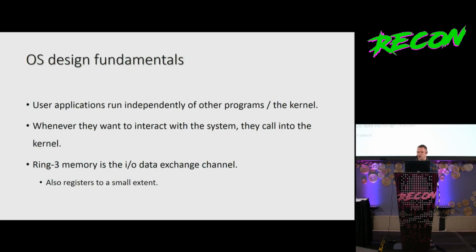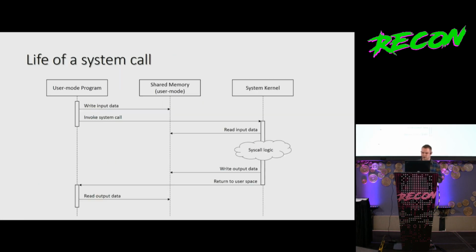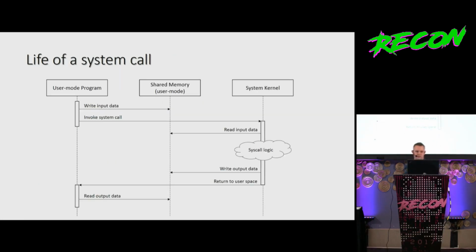So let's start with the user-to-kernel communication. As you probably know, user applications run independently of other programs in the kernel. Whenever they want to do something in the operating system, they call into the kernel, and when they do it, the ring-3 memory is the data exchange channel that they use. Also registers to a small extent, but that's not really important for us today. So this is the basic graph of how it works.